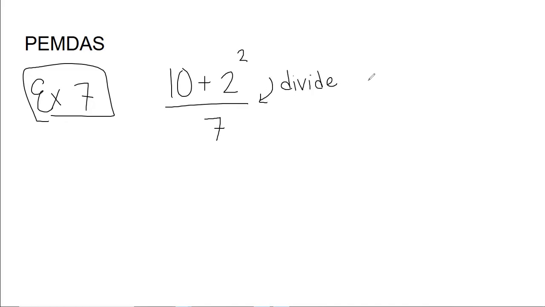Okay, and again, that might seem weird right now, but we do this all the time in high school math. So it's going to start cropping up that it looks like a fraction, but that's really another way to write divide. What you're going to do is just do the top first. Ignore the bottom. So do PEMDAS on the top.